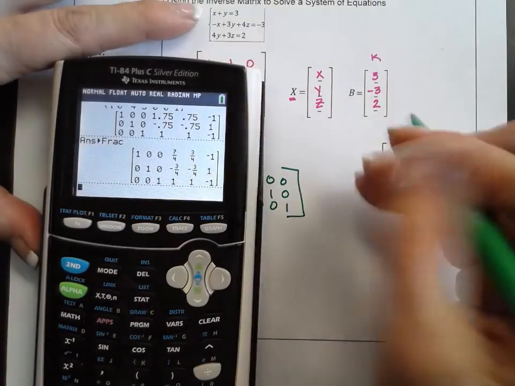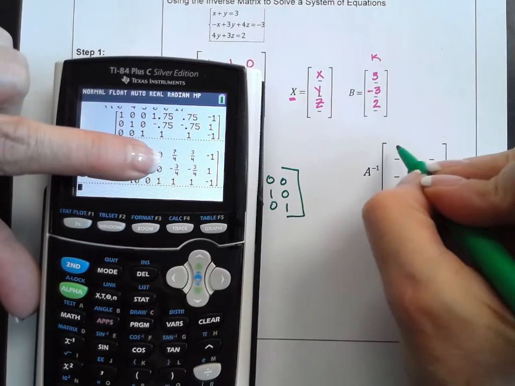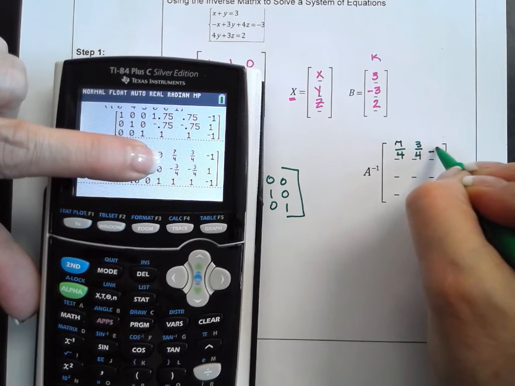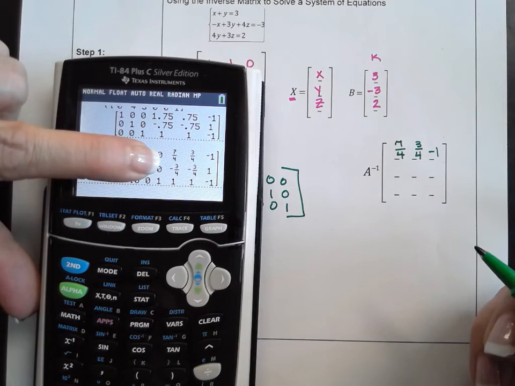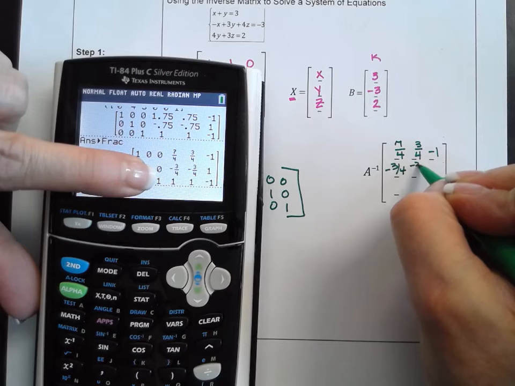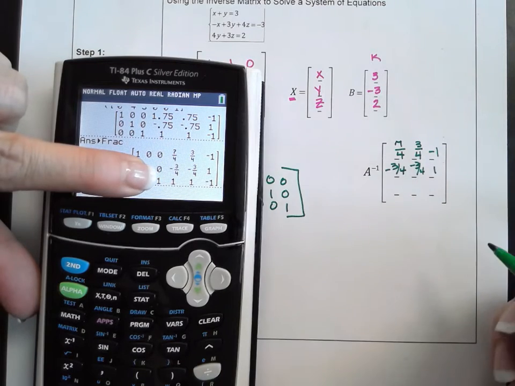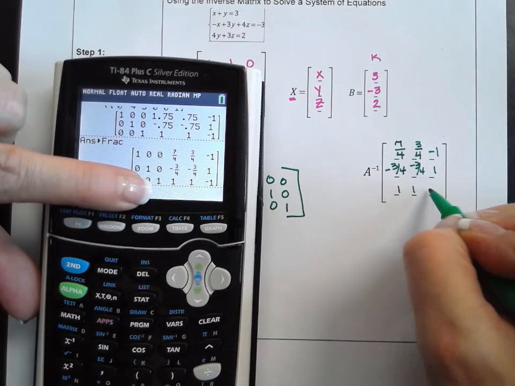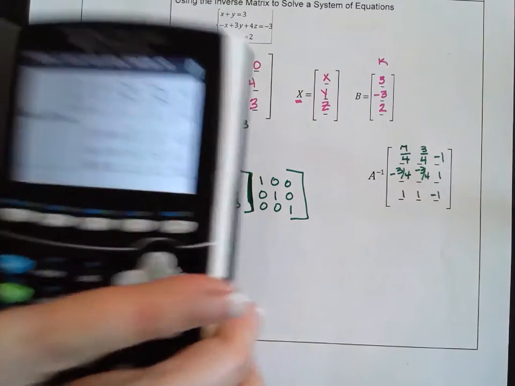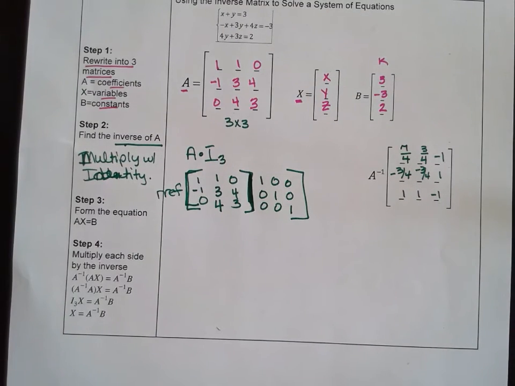So my inverse, or my A negative 1, is 7/4, 3/4, negative 1, negative 3/4, negative 3/4, 1, and then 1, 1, negative 1. Everybody with me? Good so far?